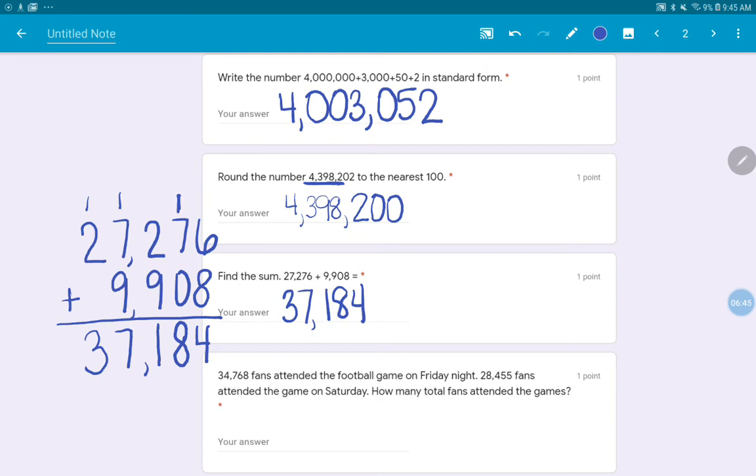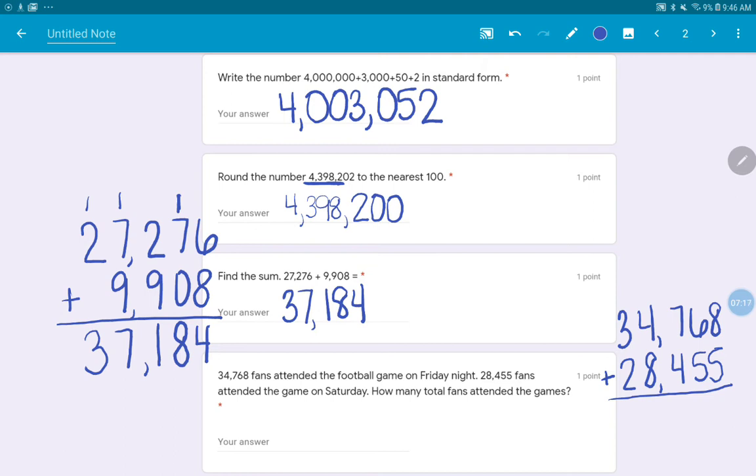Amy, how am I going to solve that? 34,768 plus 28,455. How do you know we need to add those together? Because it says how many total fans attended. Yeah, it gave us the 2 nights attendance and asked for the total number.